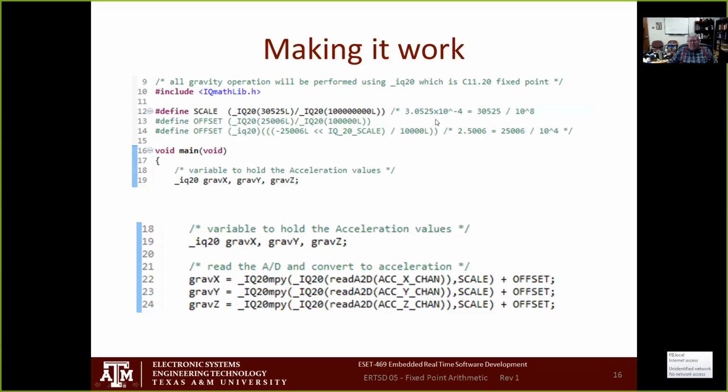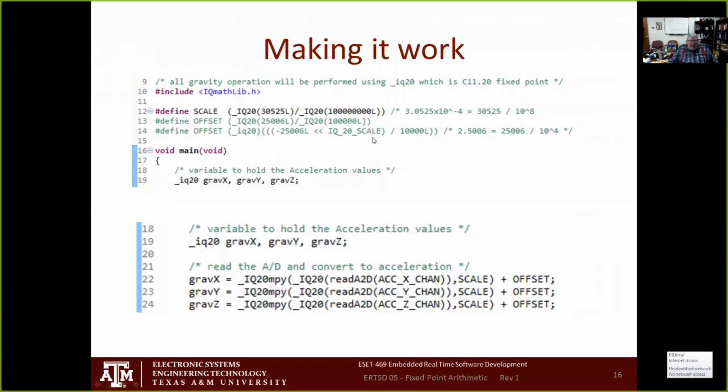If I take this 3.025 times 10 to the minus fourth and multiply it by that huge decimal number, 10 to the eighth, now I can express this as an integer with no loss in IQ 20, and then divide it by that 10 to the eighth to get the decimal value that I'm looking for. So this is a way with constants, without ever using a decimal point, to express this value, okay?